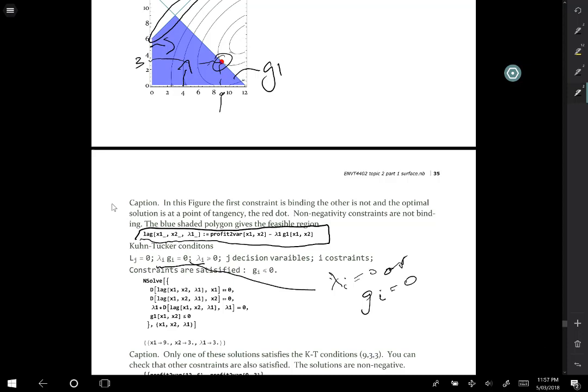And the other thing that we have to have is that the Lagrange multiplier is greater than or equal to 0. Now, what's the rationale behind this?